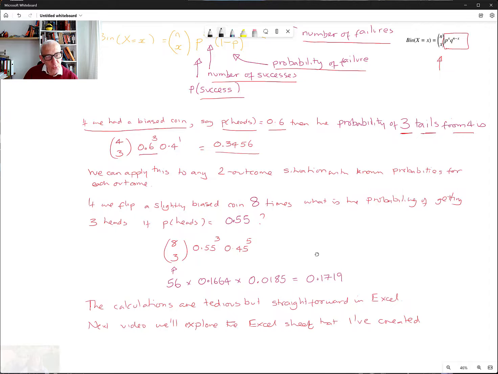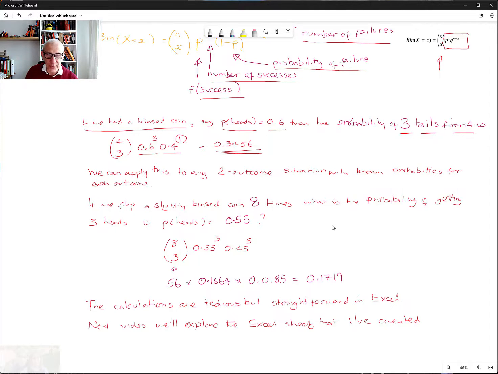Then 0.6 to the power of 3 means it's gone down the 0.6 route 3 times. The other part is the 0.4, which is 1 minus 0.6, and it only gets one chance to go down that route there. When you calculate that out, you get this number here. If you get your calculator out, you can check that that number is correct.